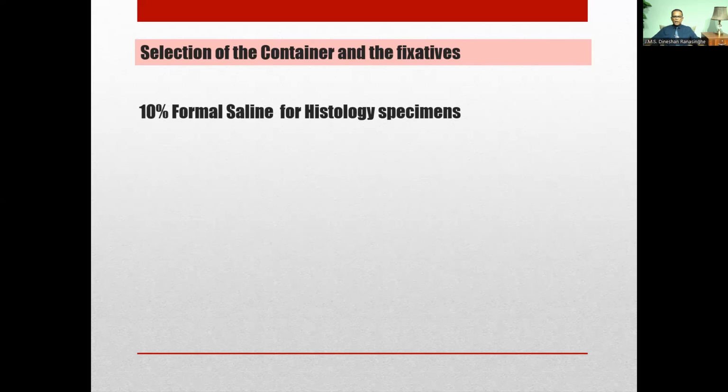So sometimes we have witnessed that we have to break the container. If it is a plastic one, which we encourage, we have to cut it open. Or if you send it in a glass container, we may have to break it. So it's not going to be a good thing for the specimen.